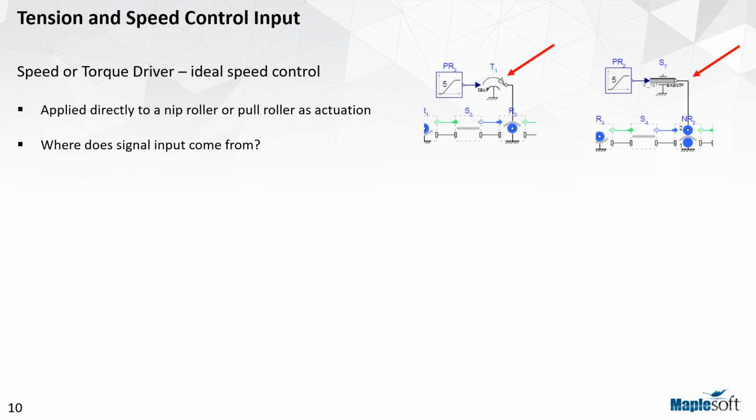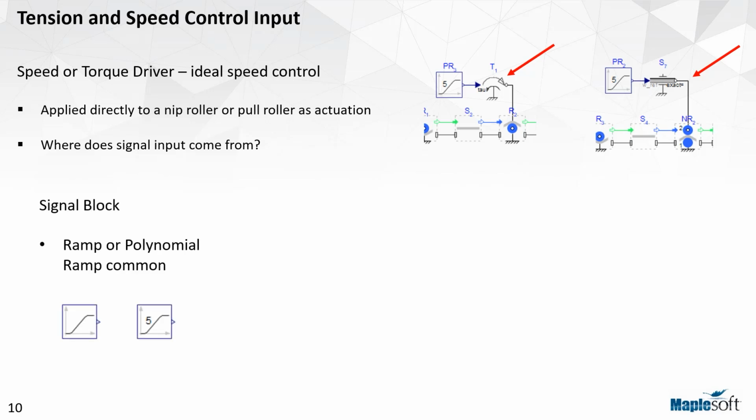So how do we come up with the signals for these drivers? One way is to use a signal block, which is the example here, and is a very common way. Mostly use the ramp or polynomial ramp. This is so that there is no big spike at the beginning of your simulation due to the quick increase of acceleration.